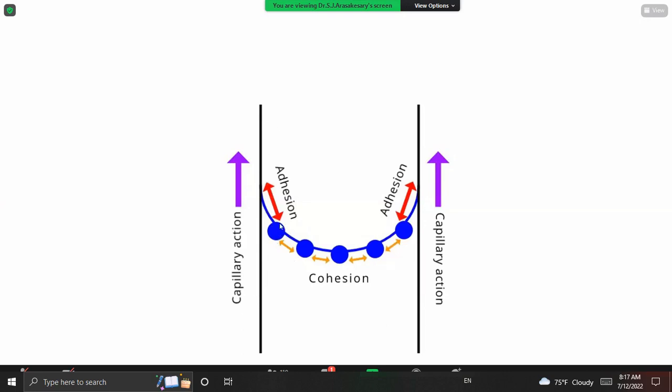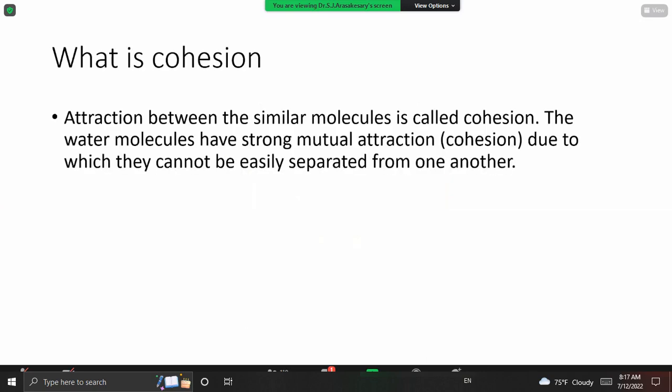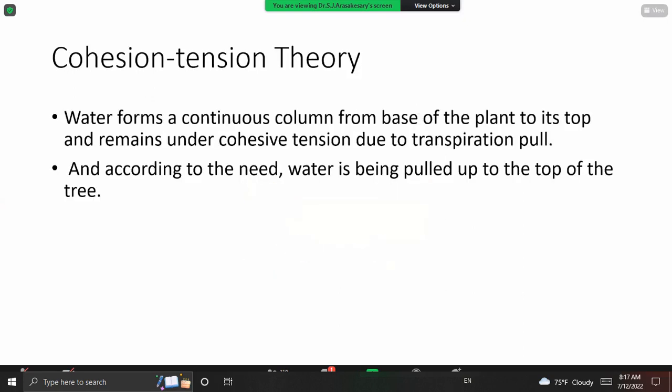So both forces will pull the water upside. Cohesion, of course, is the same type of molecules. Then there is a tension, it pulls the water upside.